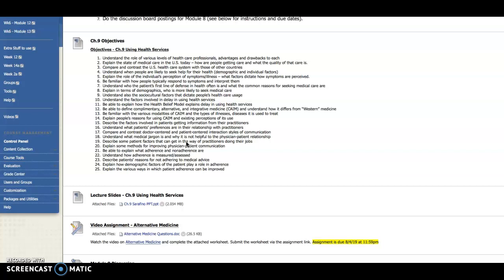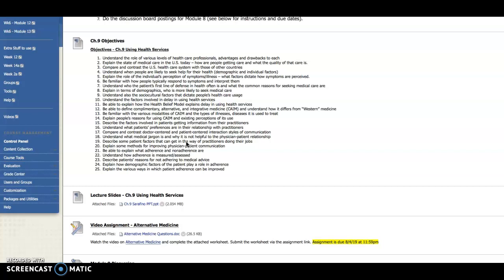What is the patient's first line of defense in health? And what are common reasons for seeking medical care? So, how likely is a person to get help for something? And that really has to do with what the something is. And again, that's intertwined with culture and where we live, even just subcultures.